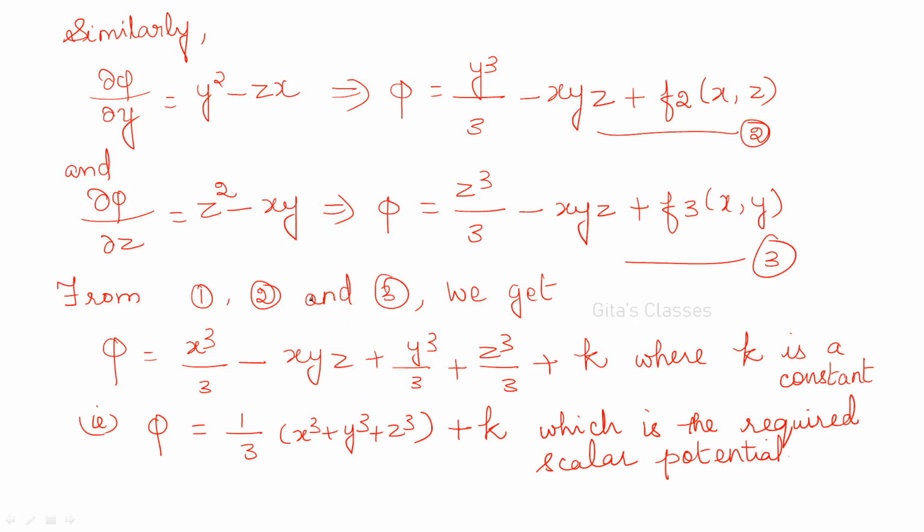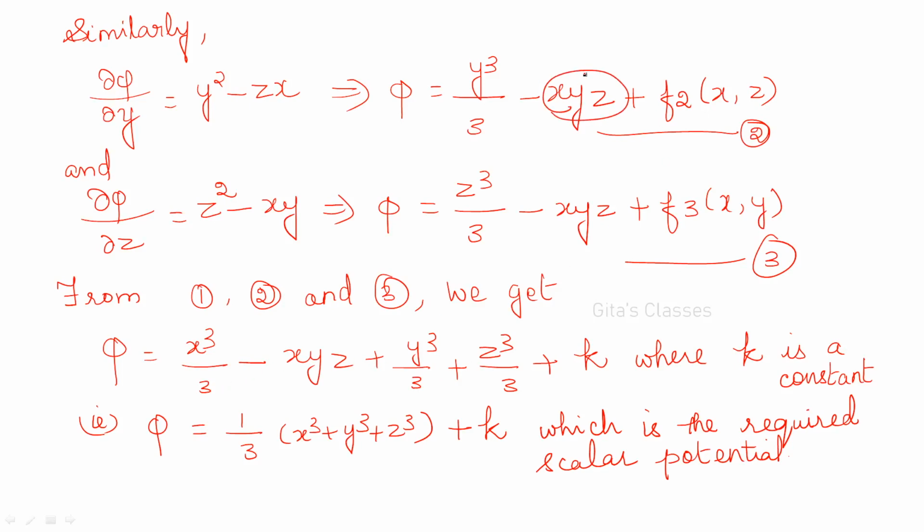So always remember, first you write all the terms from the first equation. And from the second equation, you have to write the terms which are not repeated. If it is already written, don't write it again. So x cube by 3 minus xyz plus y cube by 3.